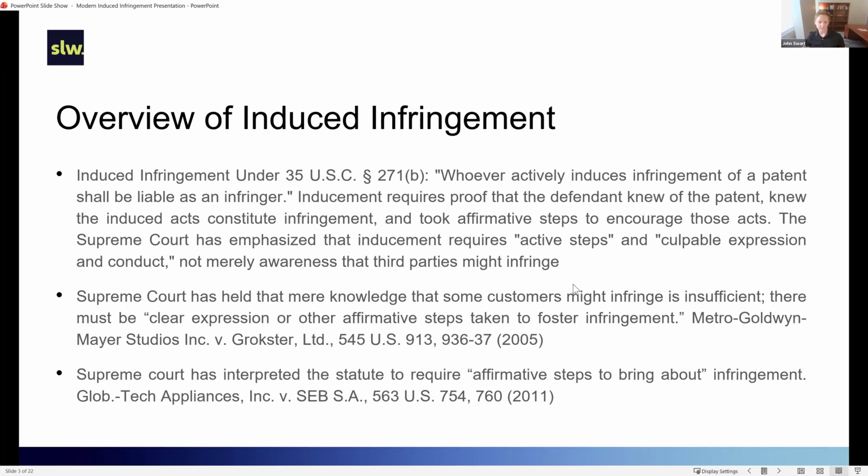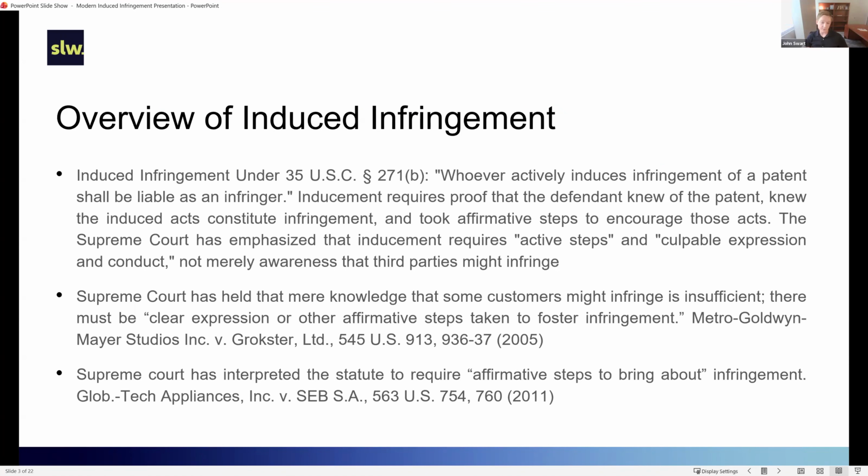There must be clear expression or other affirmative steps taken to foster that infringement. And in Global-Tech Appliances v. SEB, the Supreme Court also interpreted that the statute requires affirmative steps to bring about the infringement.